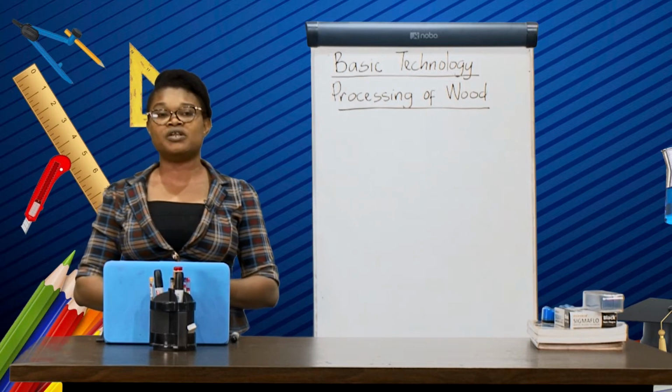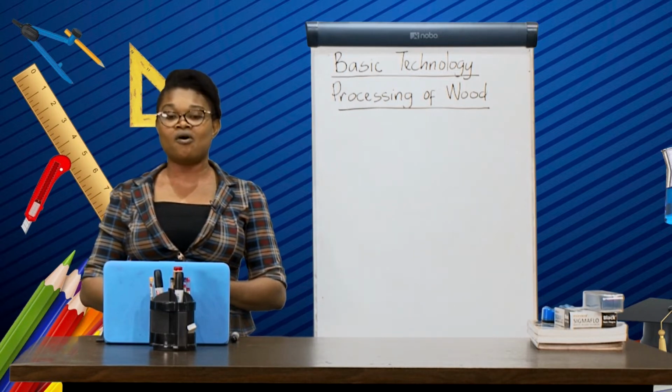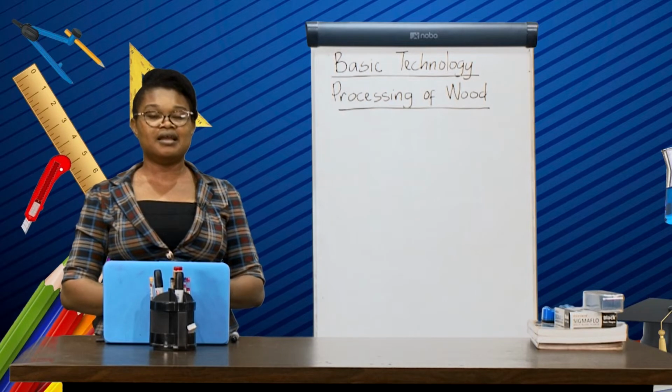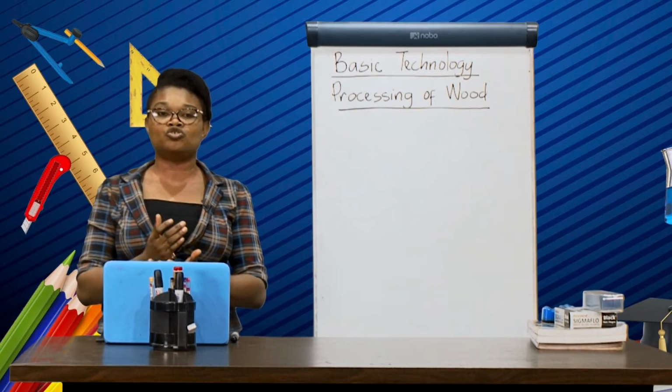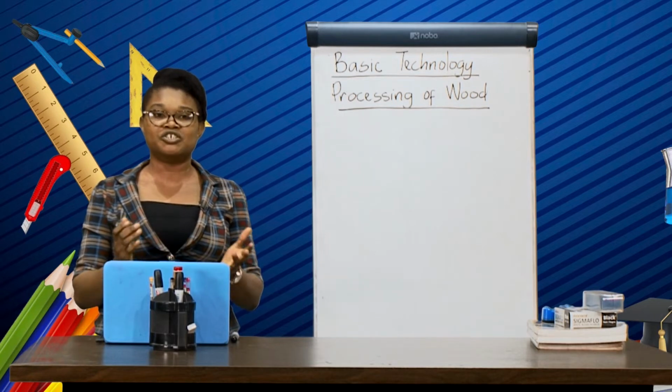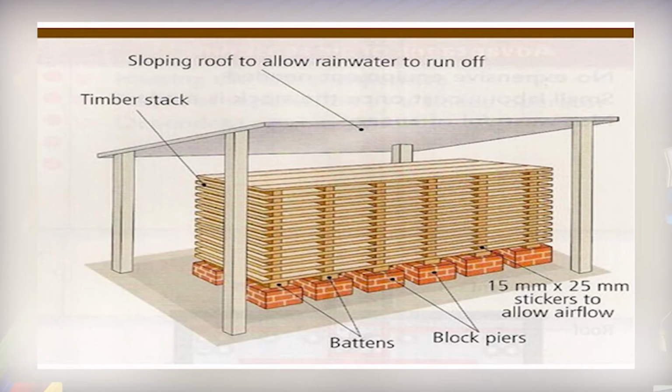Now, let's go to natural seasoning or air seasoning. In this method, we expose the trunks to natural air. If you look at the picture on your screen right now, this is a very good example of natural seasoning or air seasoning. In the picture, you see a shade.